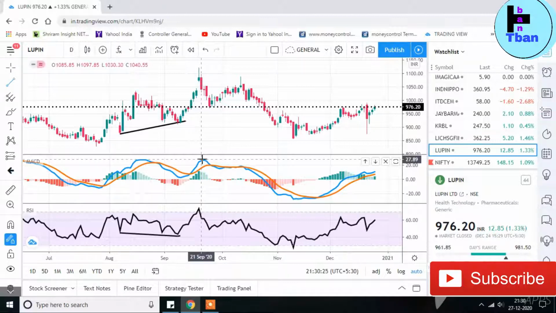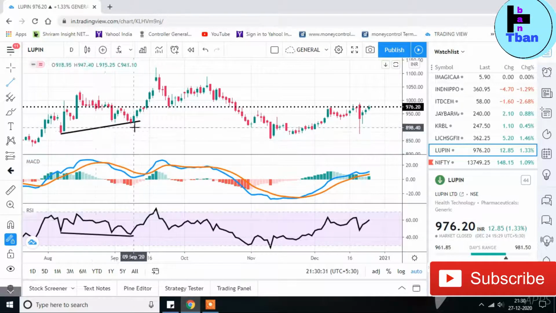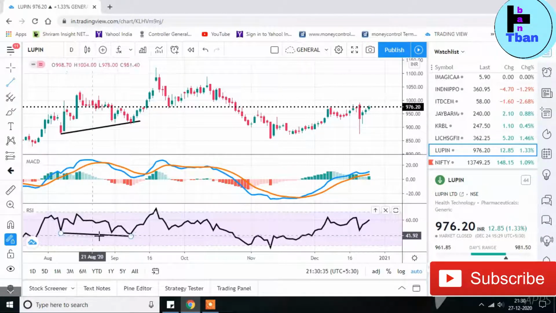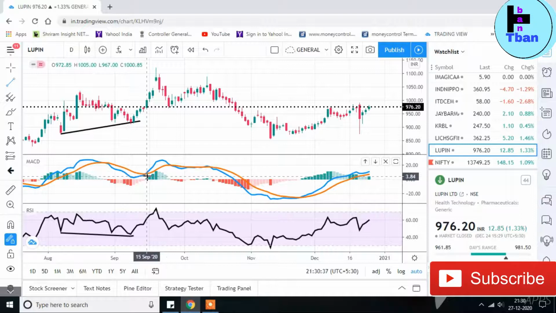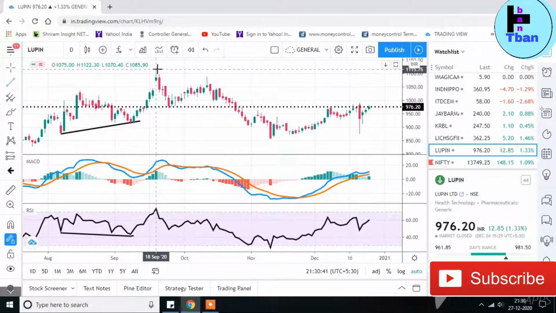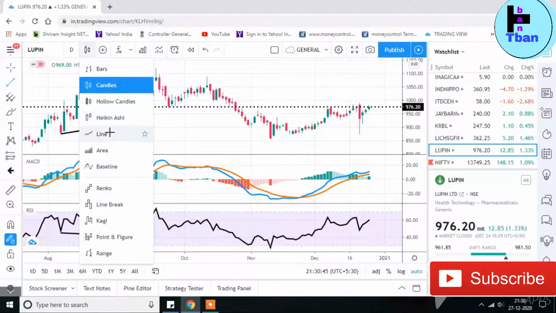So this is a very good strategy, and if you use divergence properly and also take the MACD, then your profit will rise very much. Very good signal. This is higher high, this is higher low.